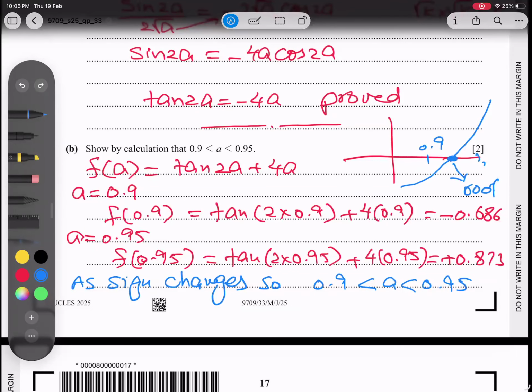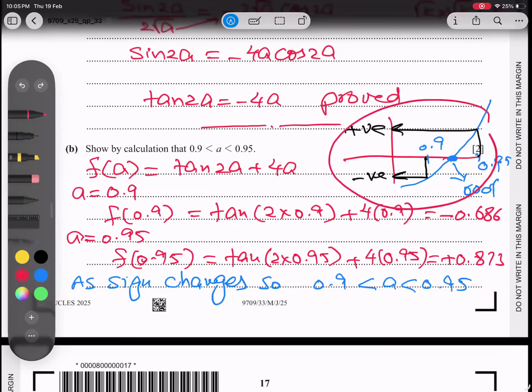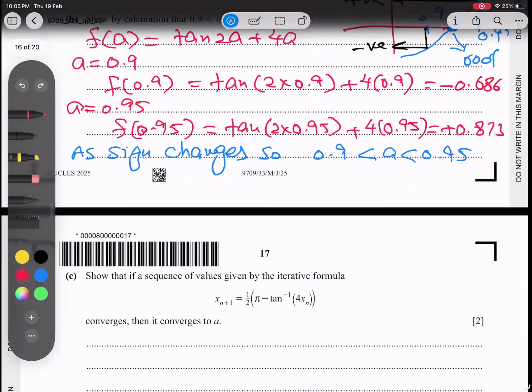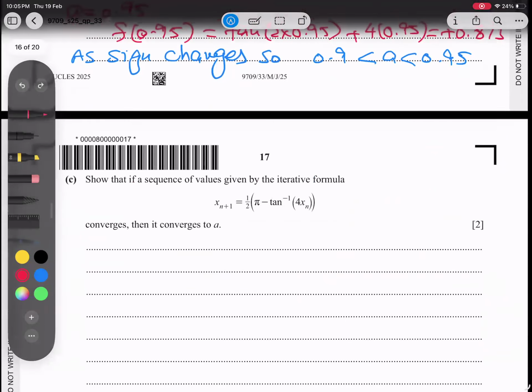Look, I show you. At 0.9, I get a negative value, and at 0.95, I'm getting a positive value. So the answer in the middle is called the root, and that is called the a value. So it means the a value lies between 0.9 and 0.95. This is a graphical explanation. No need to show it to the examiner, just for your understanding.